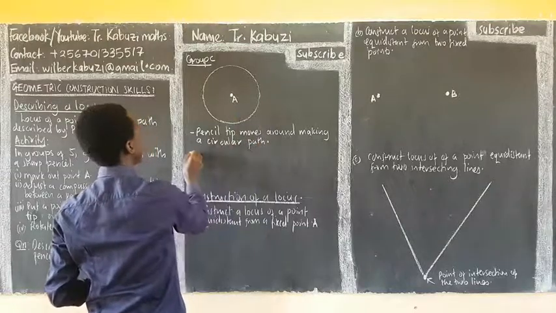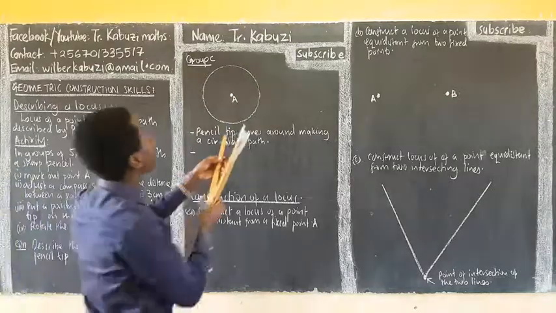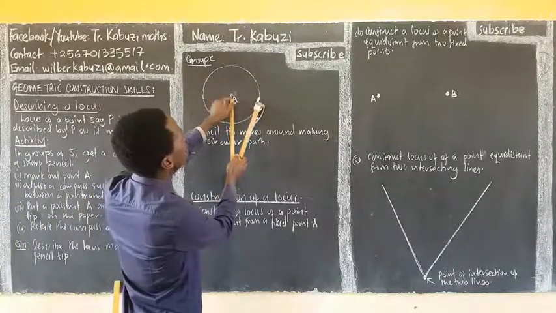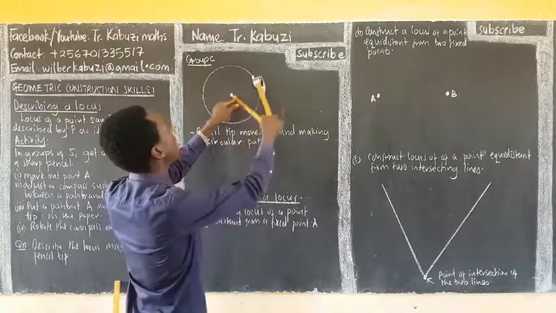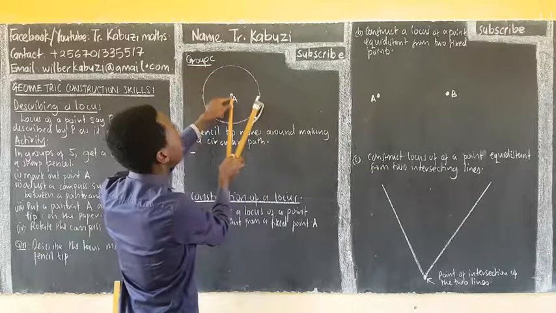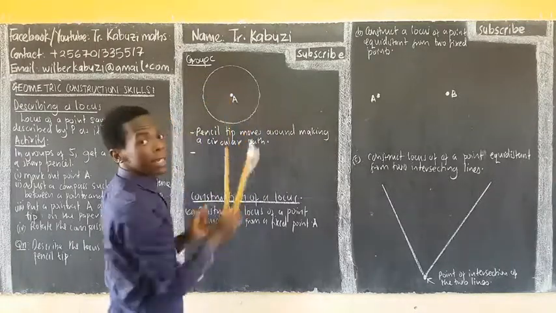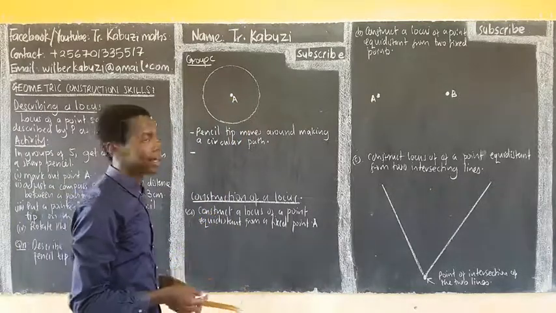So that's the first. Now, as it makes the circular path, I want you to note, this is the pencil tip and this is the pointer. Any point, the distance here, remember we measured is 3 centimeters. So the distance from the reference point A to the pencil tip is the same, or what we say is equidistant.